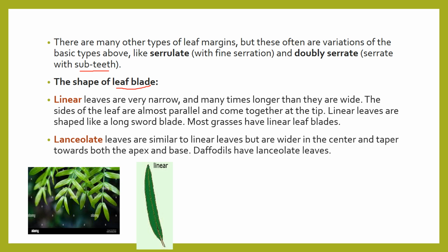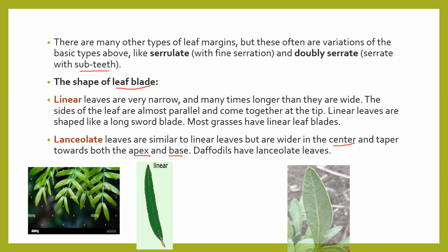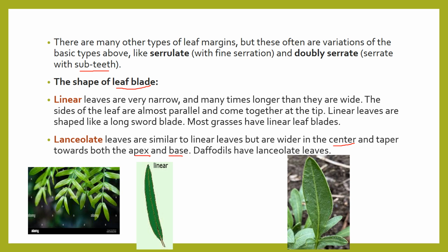The second one is lanceolate leaves. Lanceolate leaves are similar to linear leaves, but are wider in the center and taper towards both apex and base. Like this picture, it looks like linear leaves, but it's wider at the center.